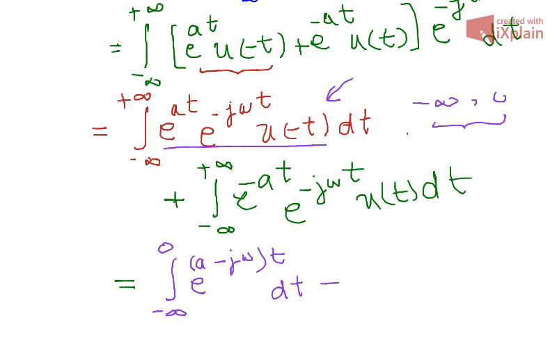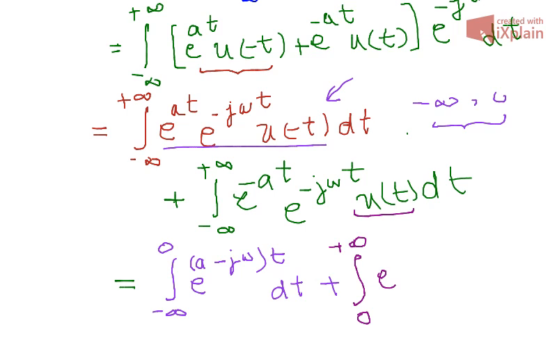And for the second integral, due to this function, which exists only from 0 to plus infinity, the value of this product is from 0 to plus infinity. So the limit of integration would not be from minus infinity to plus infinity, it would change from 0 to plus infinity.